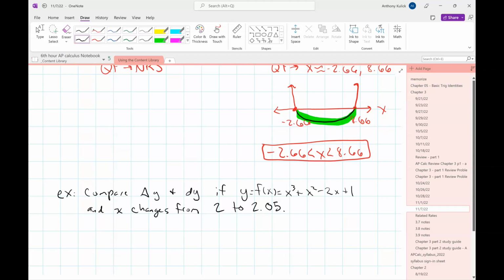All right. So compare delta y and dy if y equals x cubed plus x squared minus 2x plus 1, and x changes from 2 to 2.05. So first thing we should note is that delta x is just the change in x's.